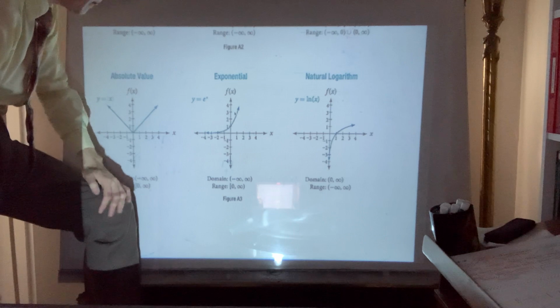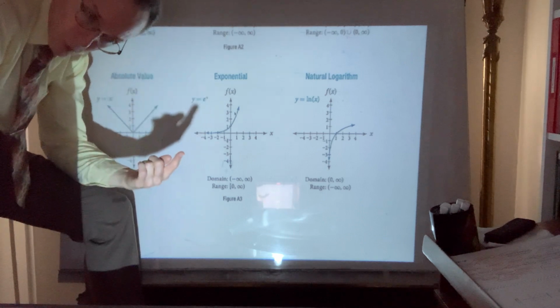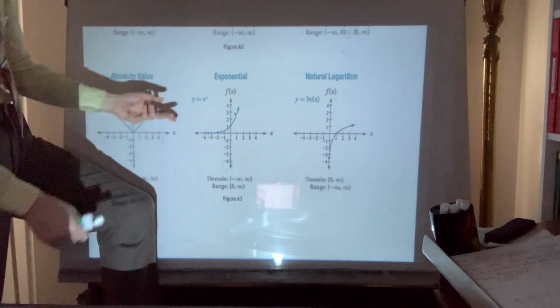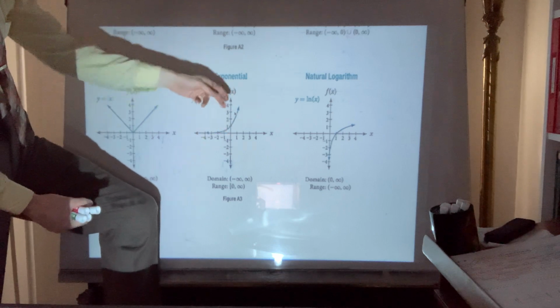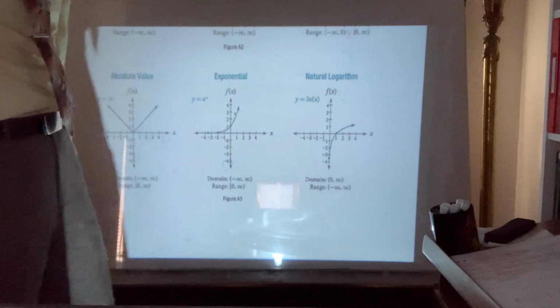Remember, almost any base to the 0th power would be 1. So if you had a coefficient in the front here, it would just scoot you further up the y-axis, or down, depending upon what the coefficient actually is.